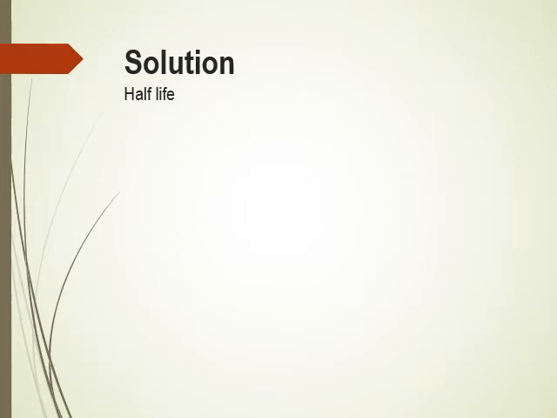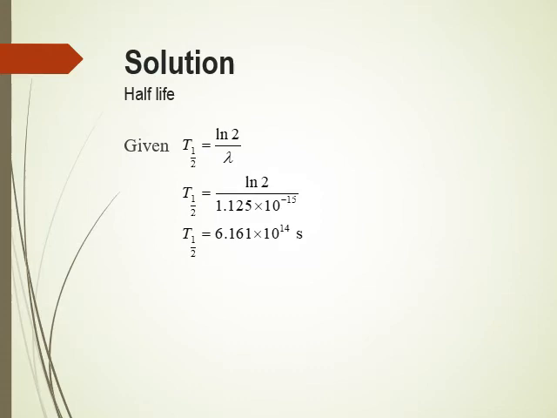Once you have the decay constant, you can then determine the half-life by using T half-life equals ln 2 over lambda. Substitute the values into the equation and half-life is then equal to 6.161 times 10 to the power of 14 seconds. Again, the unit in this question is seconds because your decay constant is in per second.